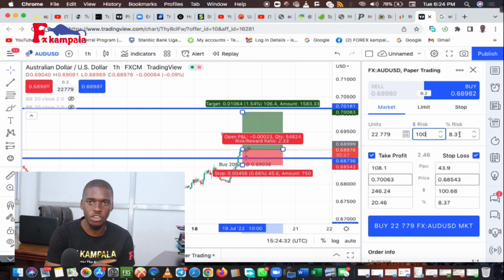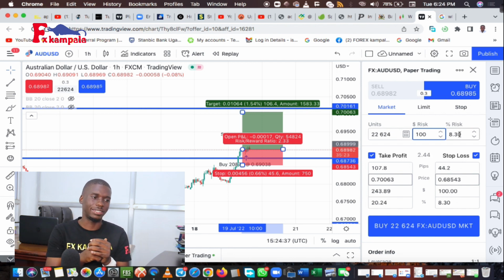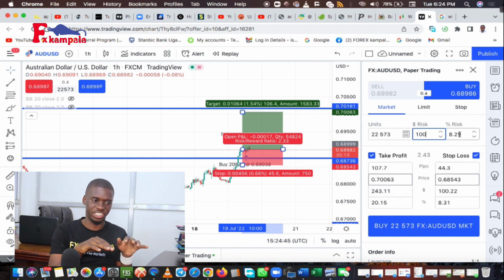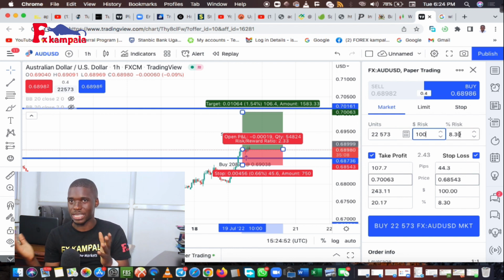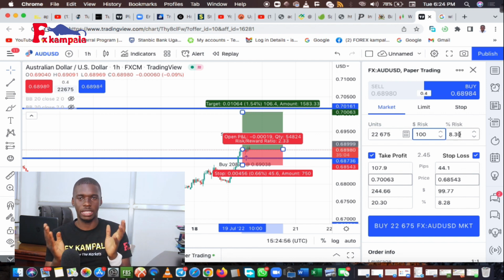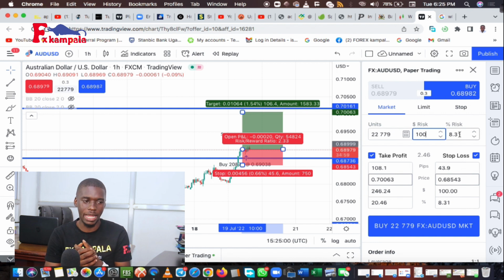So mind you, when you're trading, any amount that you put here, they all change, okay? You can put in the dollar risk, or you can put in the percentage risk. Any of those three actually. You either put the units, if you know the units that you want to exchange, that is the lot size, which is a bit hard, and I don't recommend that. Then you can also put in the amount that you want to risk on the particular trade in dollars, or you can be like, man, I want to risk 3%.